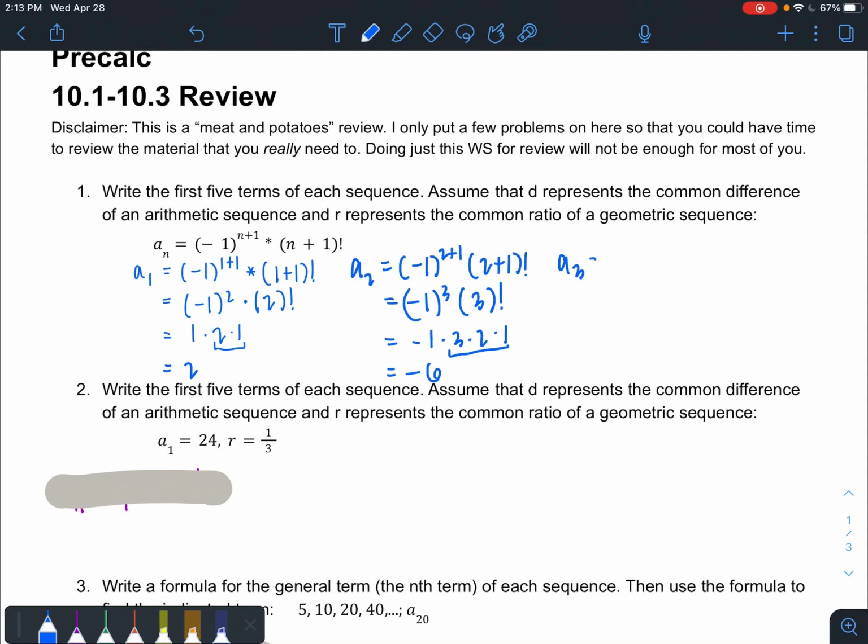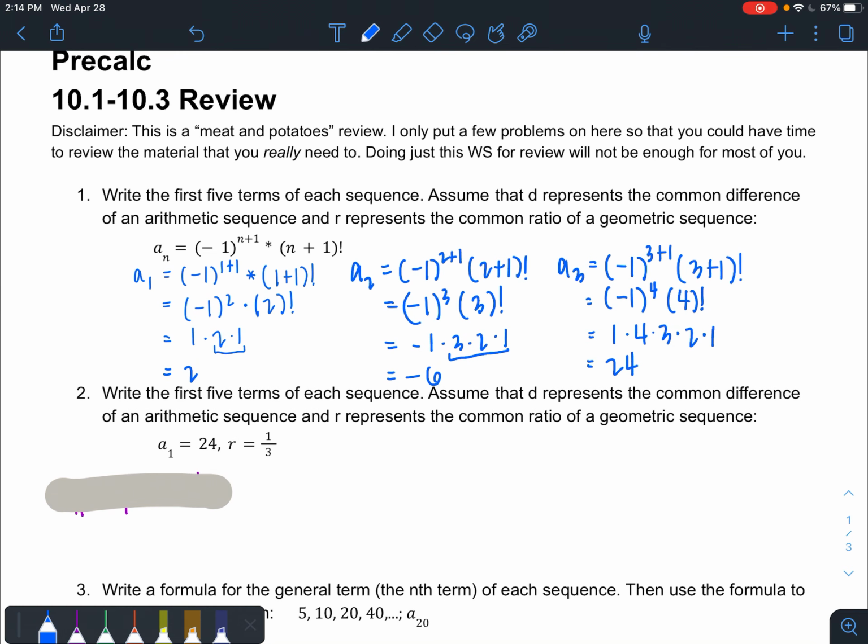a sub 3 is negative 1 to the 3 plus 1 times 3 plus 1 factorial, so negative 1 to the 4th times 4 factorial gives me 1 times 4 times 3 times 2 times 1, which is 24.